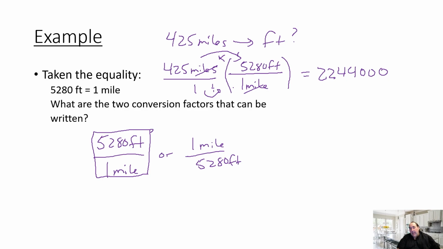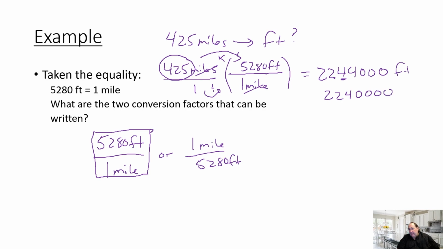2,244,000. There we go. We would look back here. 3 significant figures would take us to here. And that means it would be 2,240,000.